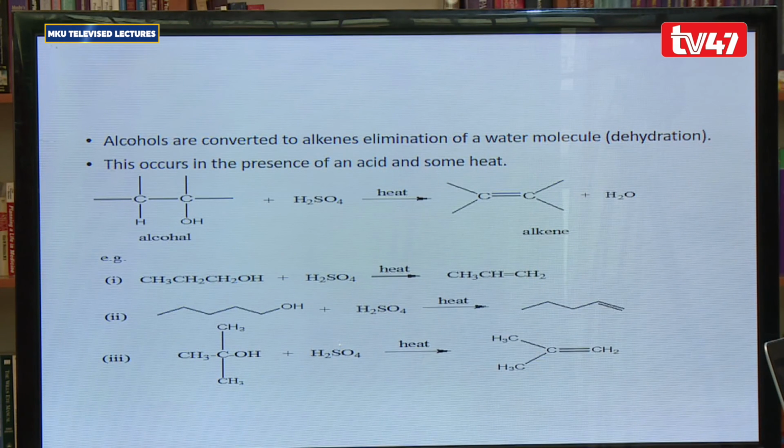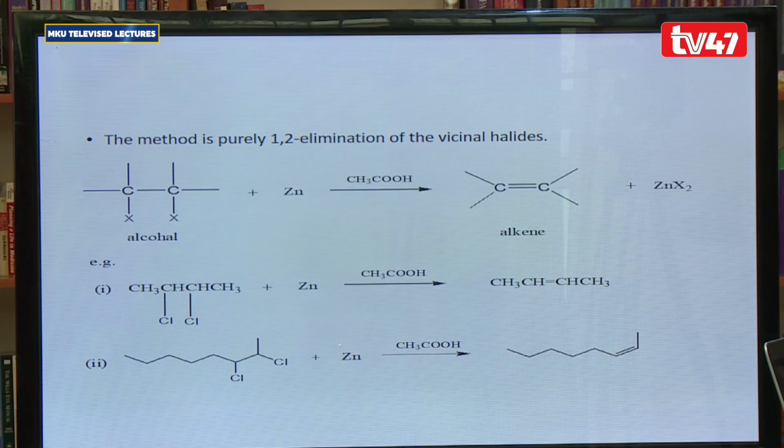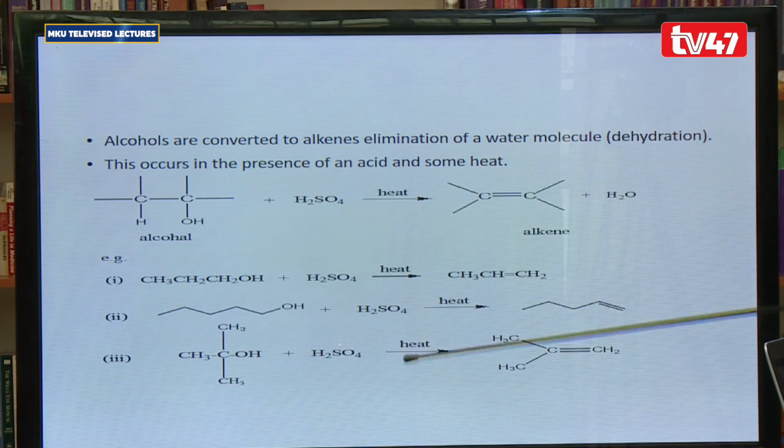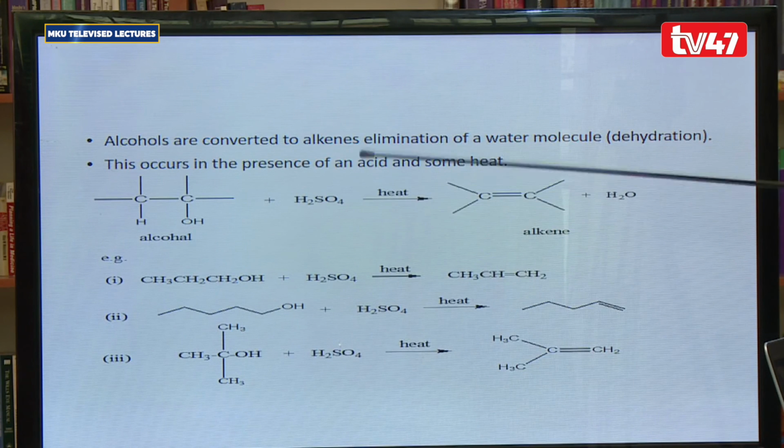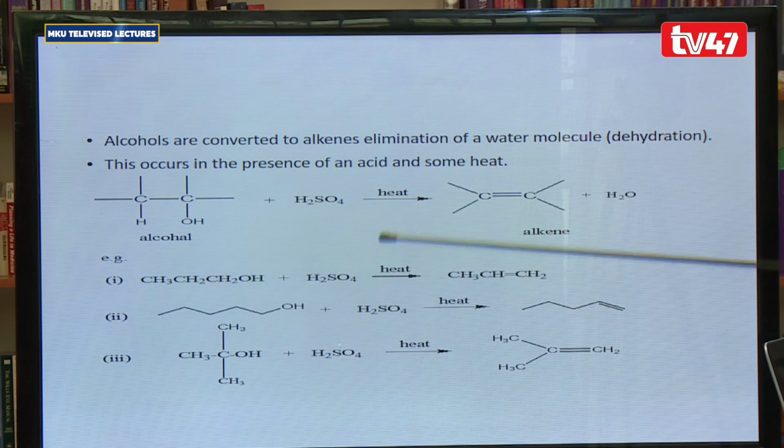So that is another way of preparation of alkenes. The method of dehydration of alcohols generally involves removal of water molecules, so that you have a water molecule and an alkene as the end product.